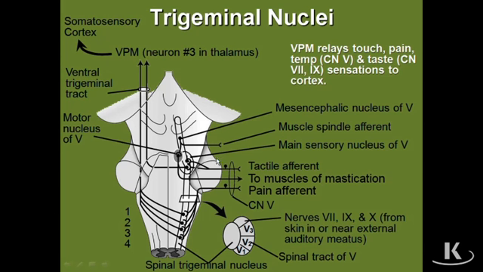So here's the differential. Be sensitive about a patient that has a complete trigeminal nerve lesion versus one that may just have a brainstem lesion that affects only the spinal trigeminal nucleus of 5.